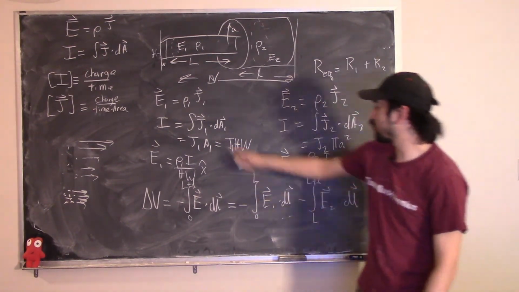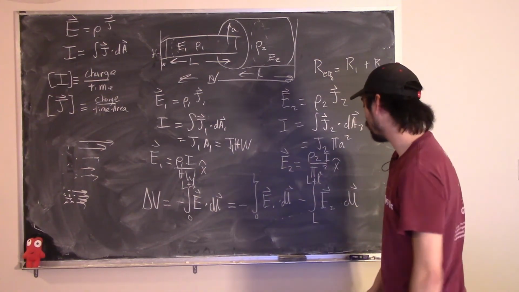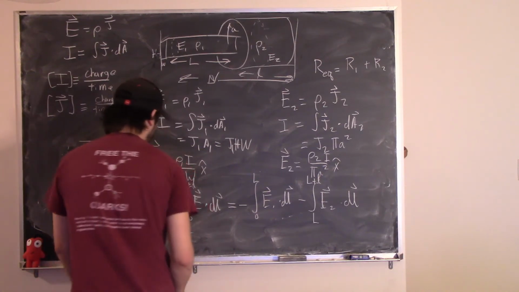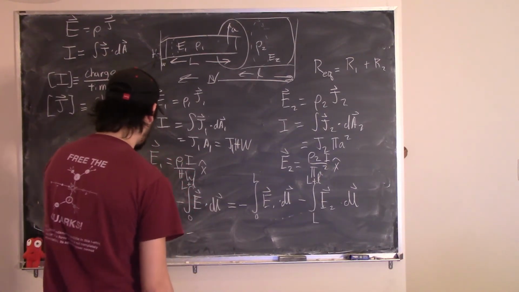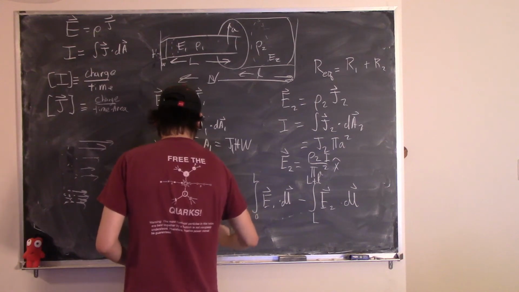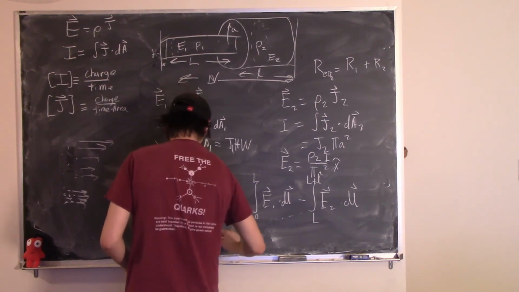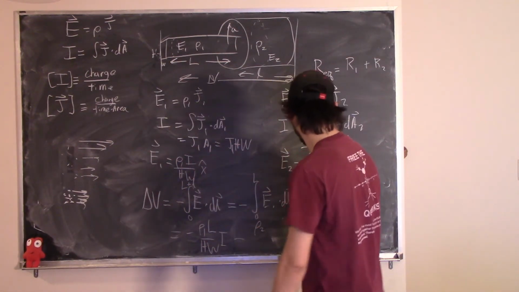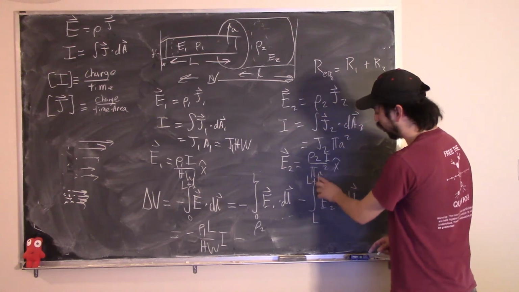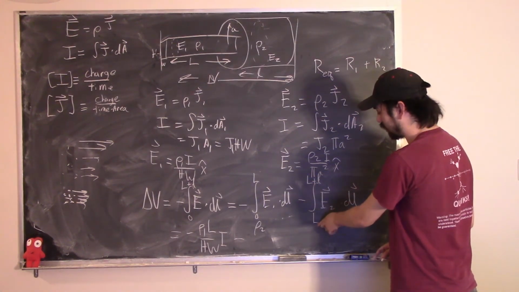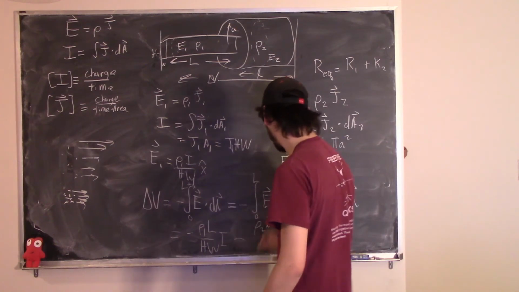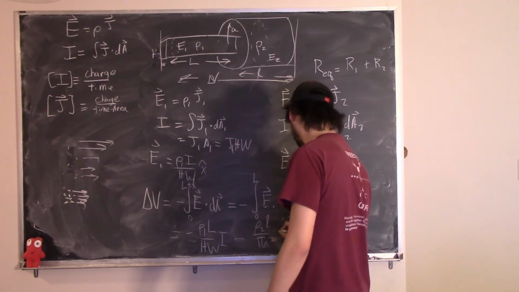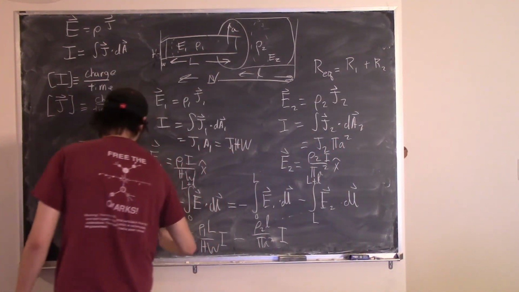So we can plug in our electric fields, and when we evaluate these integrals, we're going to end up seeing that this is equal to minus rho 1 L divided by HW times I, minus rho 2 times capital L plus lowercase l minus capital L, so we're just left with a lowercase l, divided by pi a squared times I, is equal to delta V. Okay?